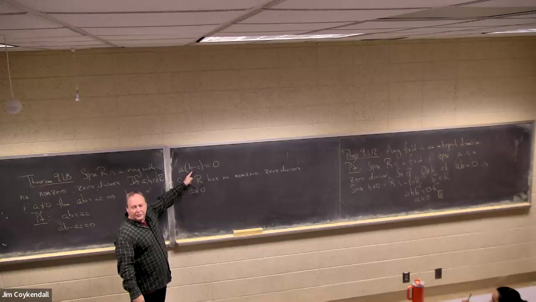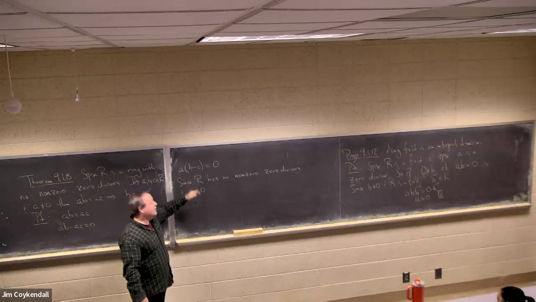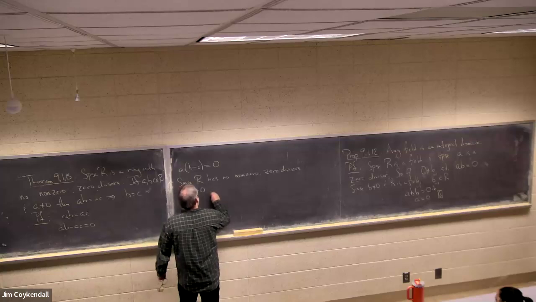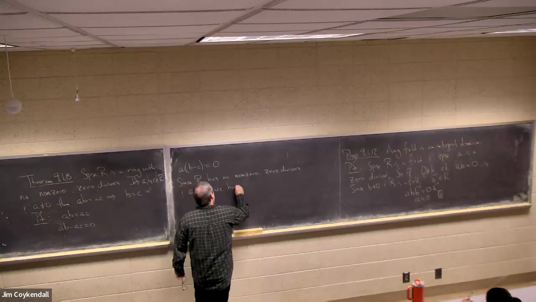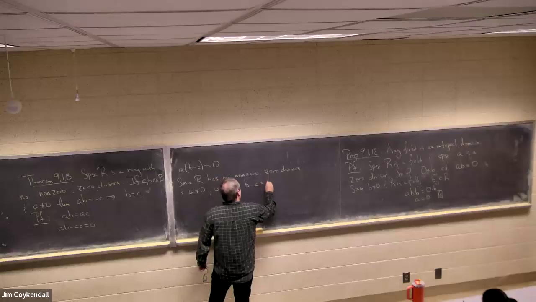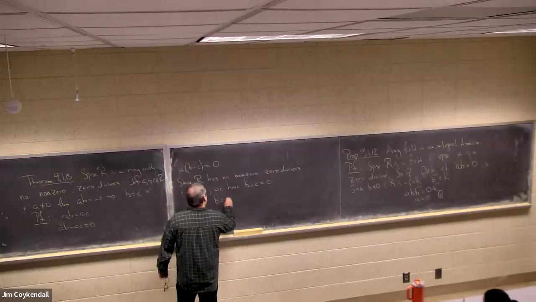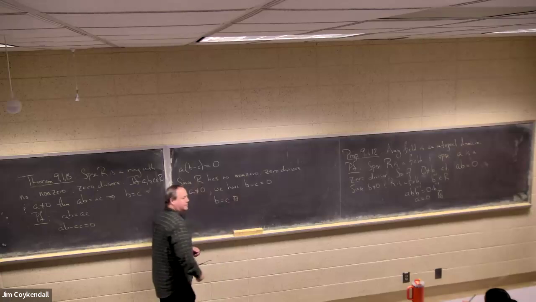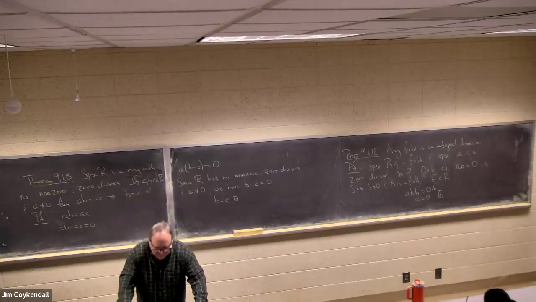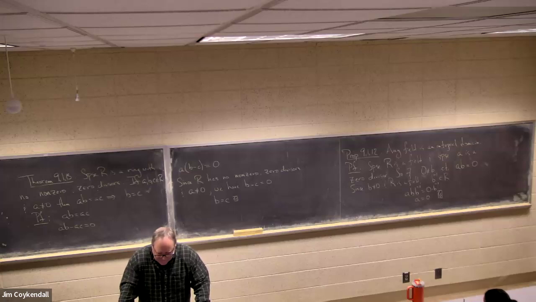This product is zero, and this guy is not zero. And since there are no non-zero zero divisors, that forces this person to be zero. And if b minus c is zero, then b equals c. Any questions on that?